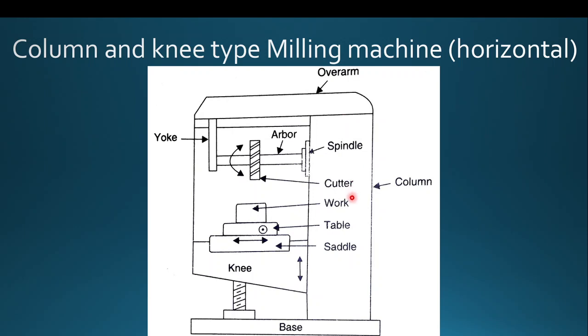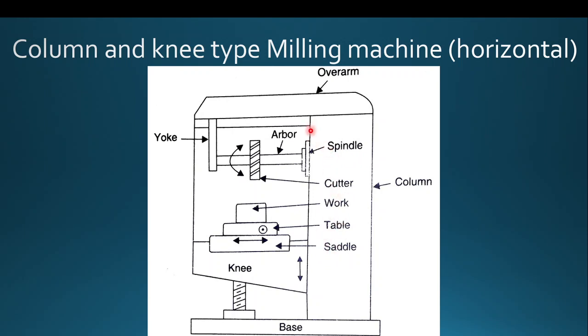So the column is the vertical housing which holds all the driving units of the milling machine. It is mounted on the base. Like all other machine tools, the milling machine also has a strong cast base which is used to hold the entire parts of the machine, and on one side we have the column.